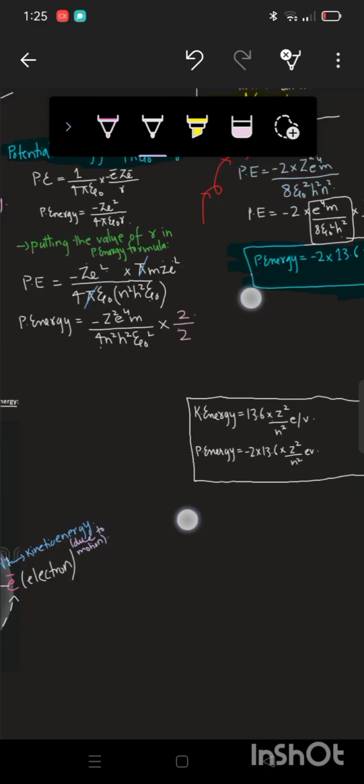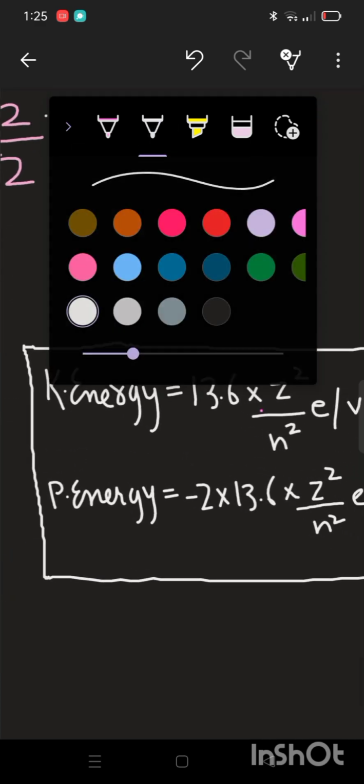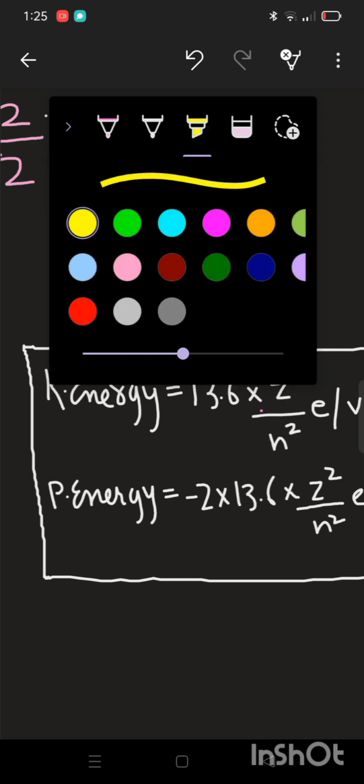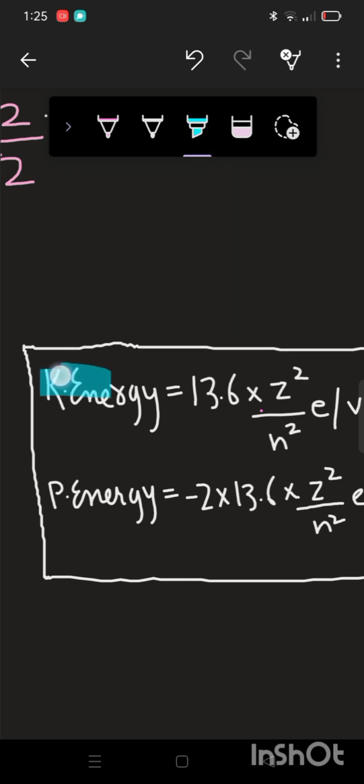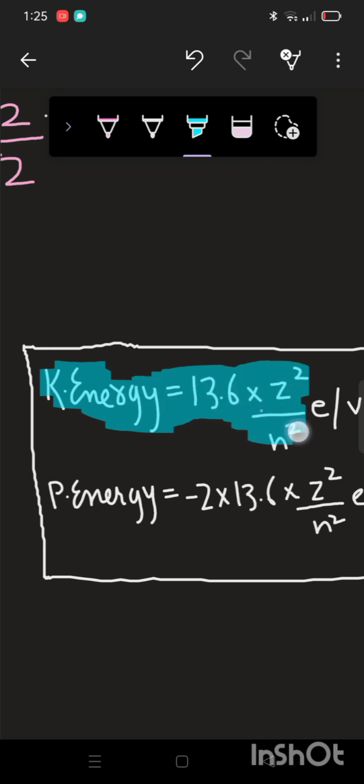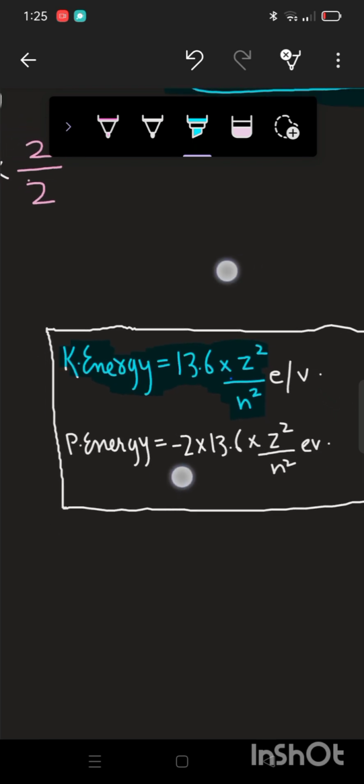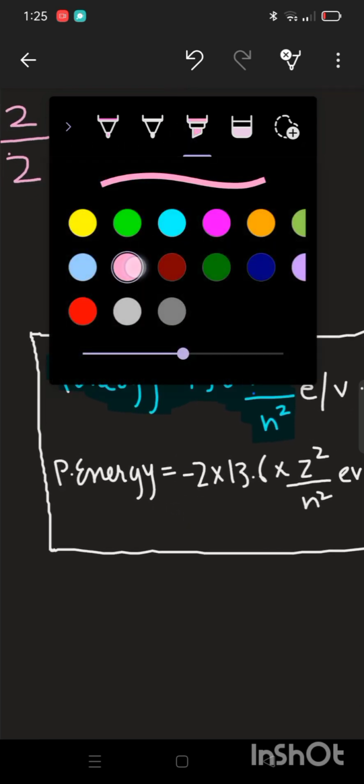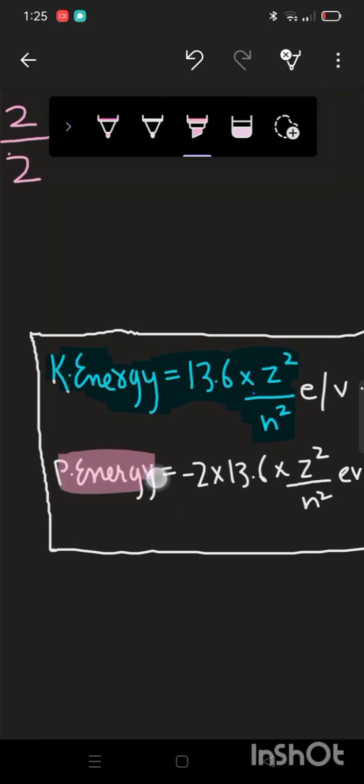Since we know that attractive potential energy is always negative and repulsive potential energy is always positive. This is for the kinetic energy, and the lower one is for the potential energy.